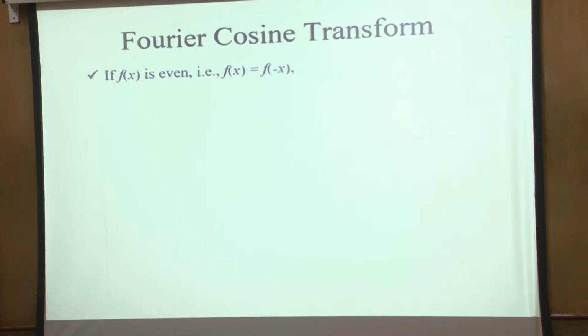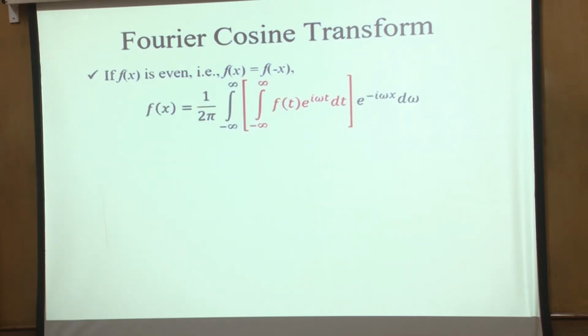Separate derivation. So what happens? Fx is equal to minus x. So then what happens to this? I have cos omega t and sin omega t. In a symmetric interval, sin omega t disappears and cos omega t becomes 2 times the integral from 0 to infinity.